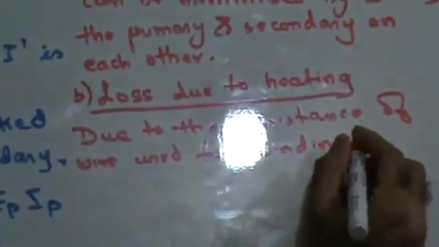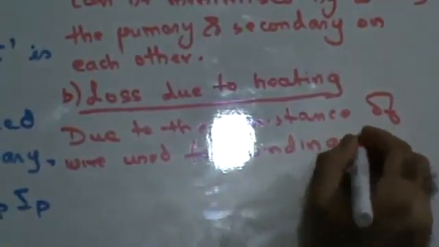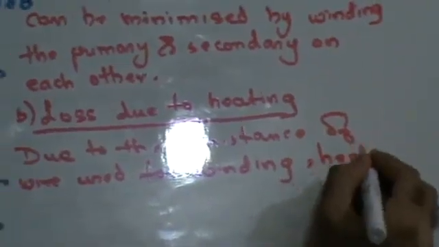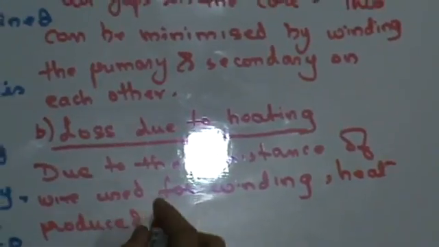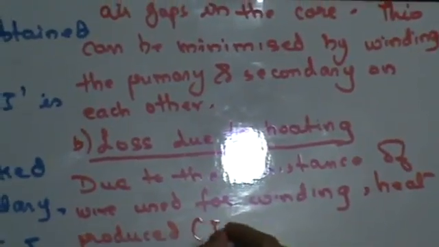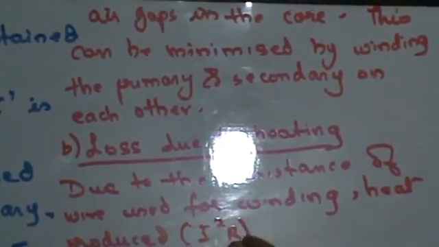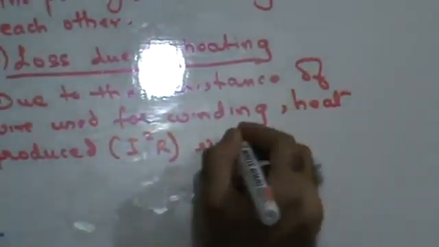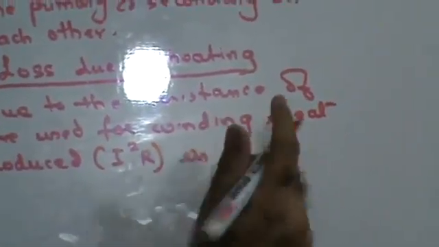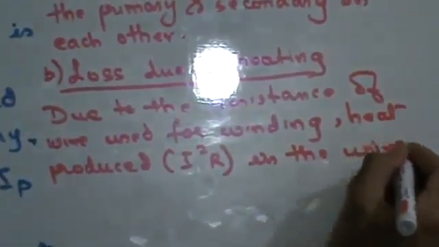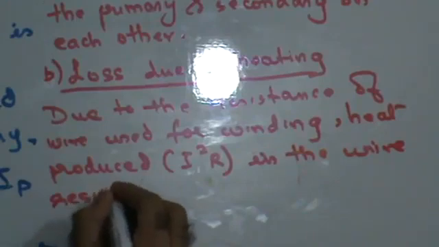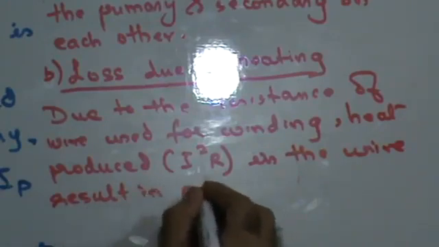Due to the resistance of wire used for winding, heat I square R is produced in the wire, and heat produced in the wire results in power loss.